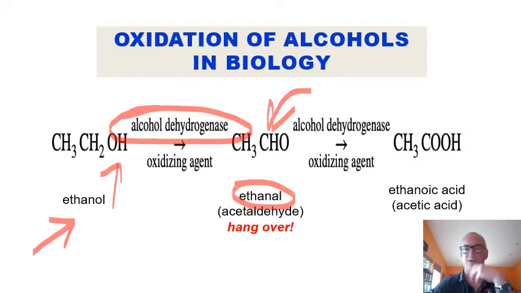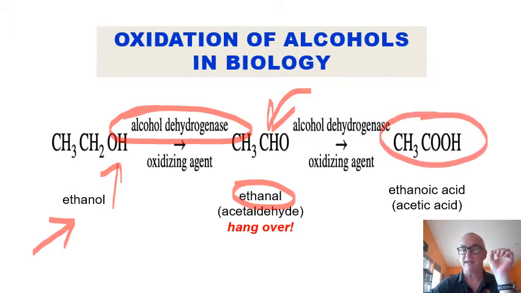And so it forms all sorts of compounds. It finally starts calming down when all that ethanol gets oxidized even further to a carboxylic acid. Carboxylic acids aren't nearly as reactive as aldehydes are. And so once you've converted it to acetic acid, you start feeling a little bit better, but you wish it would happen a lot faster.